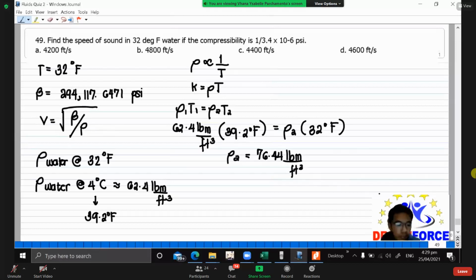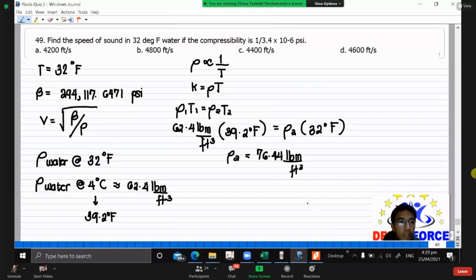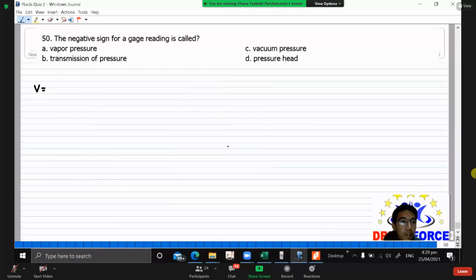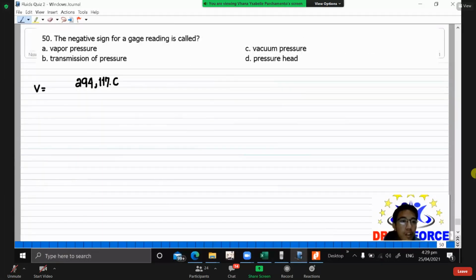Okay, what is velocity? Lagay ko na lang next page. Kasi objective naman to. So velocity is the square root of the bulk modulus. Ano yung bulk modulus ulit natin? 294,117.6471.